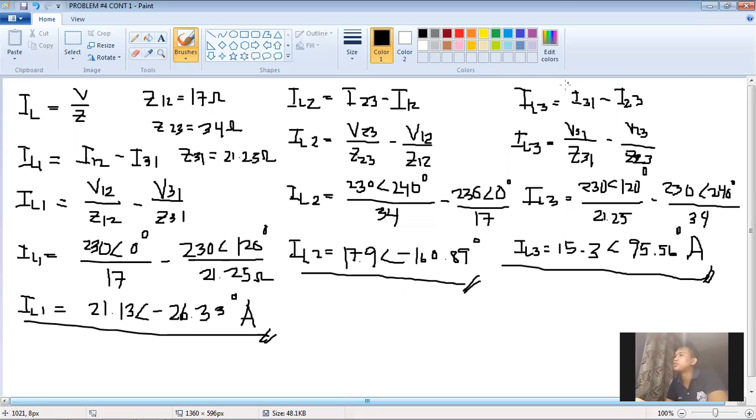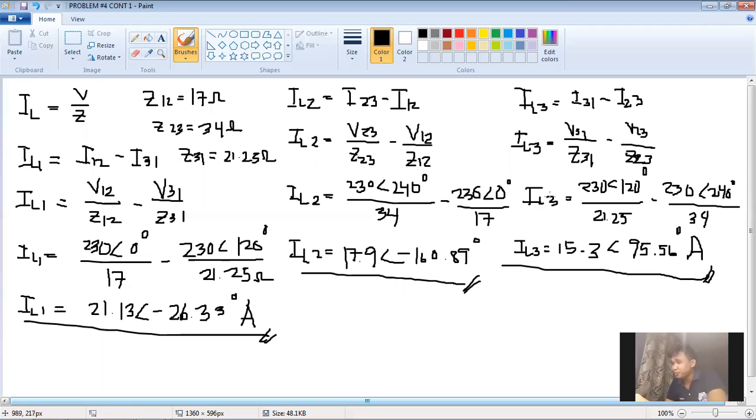So IL3 is equal to V31 all over Z31 minus voltage 23 all over Z23.